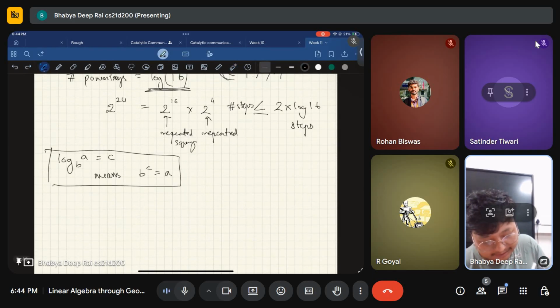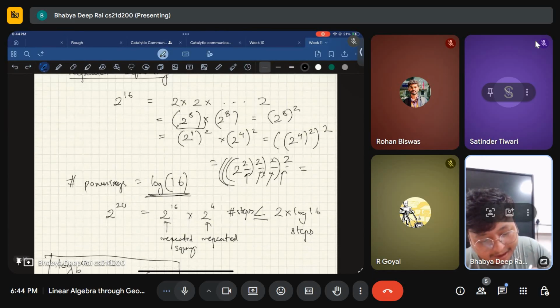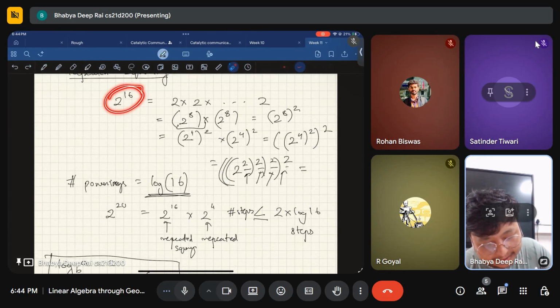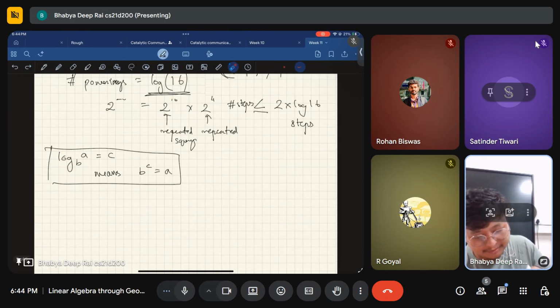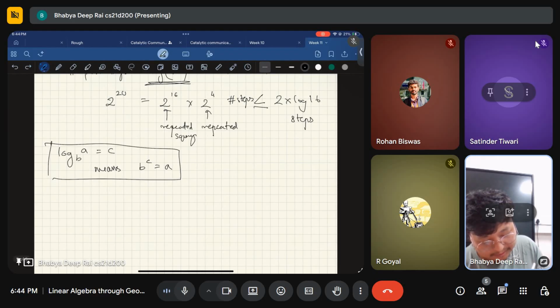I'll just write it here. So what you are trying to say is, how can I reach 16 on powering 2?